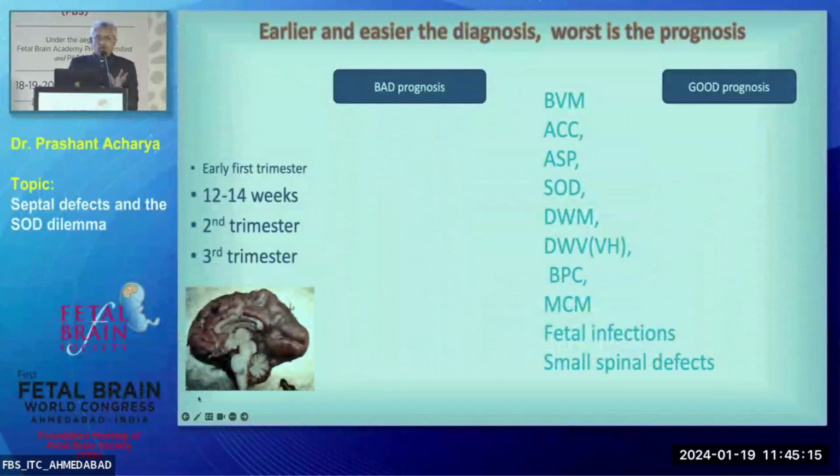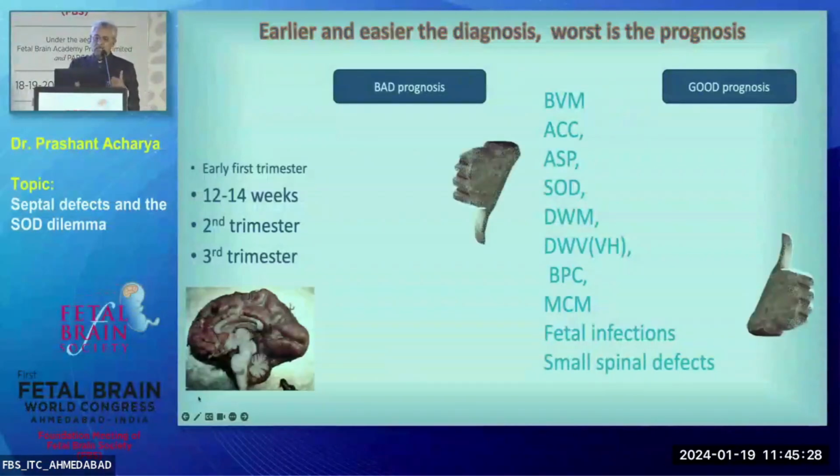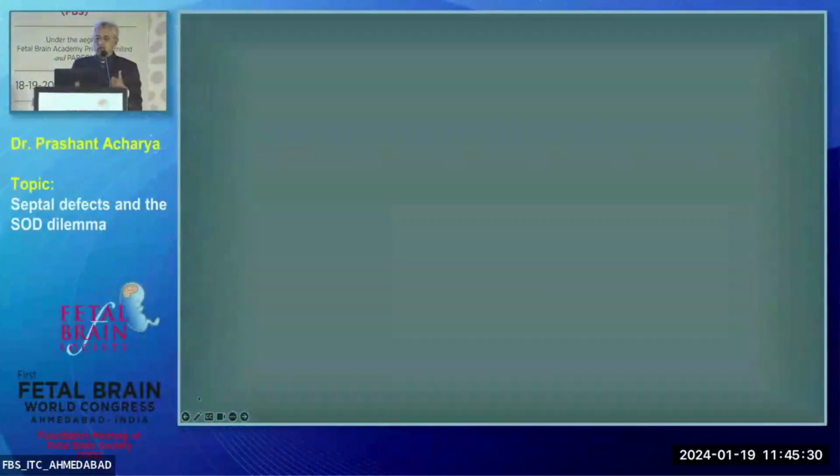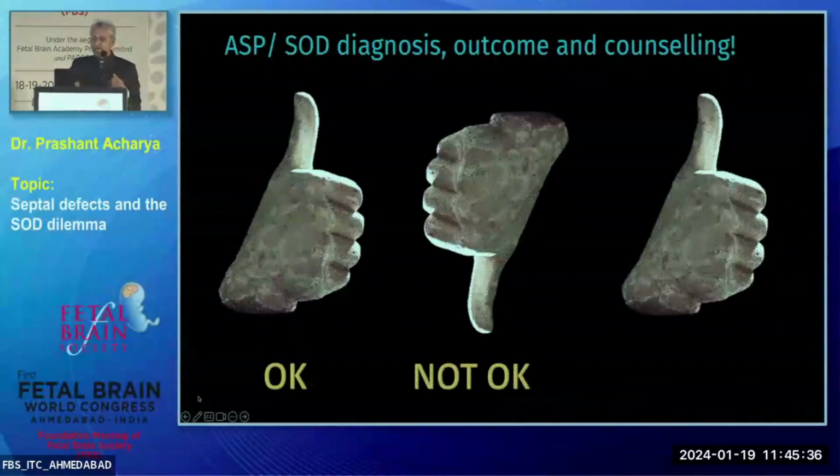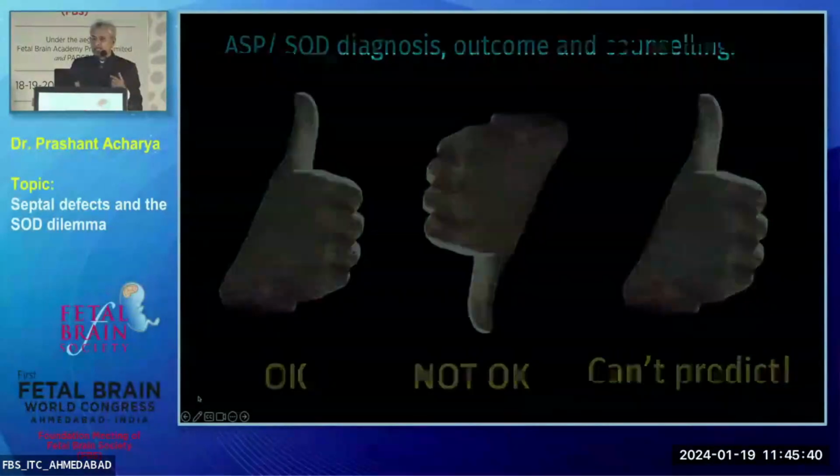You are also confused, and you make the couple more confused, and because of that confusion, they are not in a decisive mode whether to continue or not. So we are going to discuss those kinds of malformation defects. This is a similar scenario where I don't know whether it is okay or not okay, or I feel I cannot predict. It is in this group that septo-optic dysplasia lies.